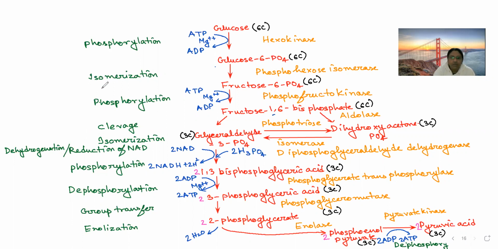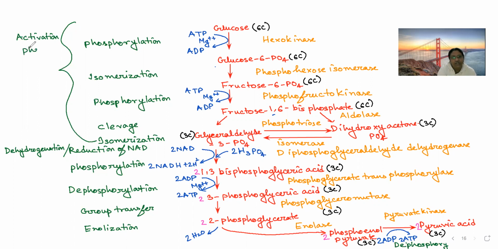Now in glycolysis, the reactions up to this, from this to this, are known as the activation phase or energy consuming phase. Why? Because in this stage you are not producing any ATP, you are actually utilizing ATP.